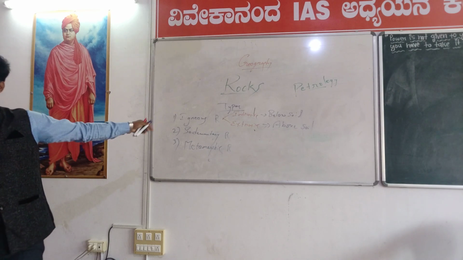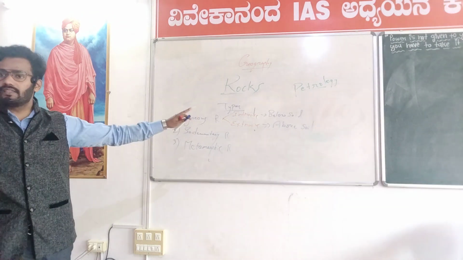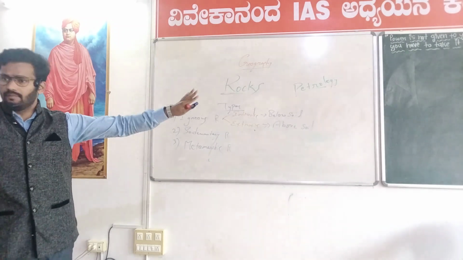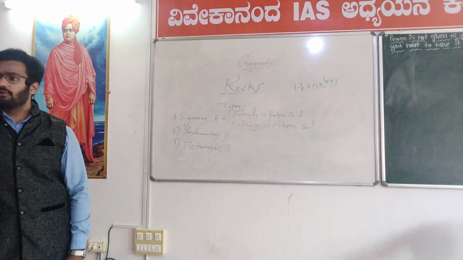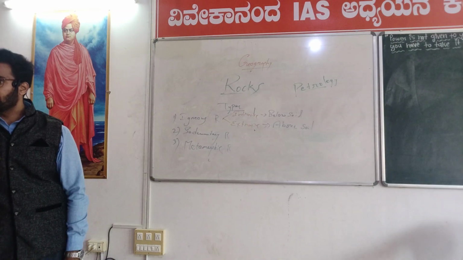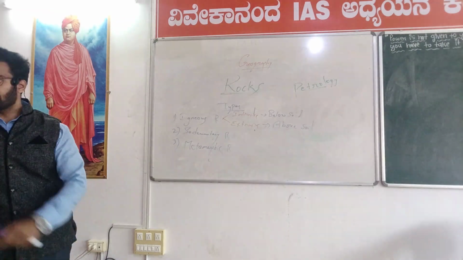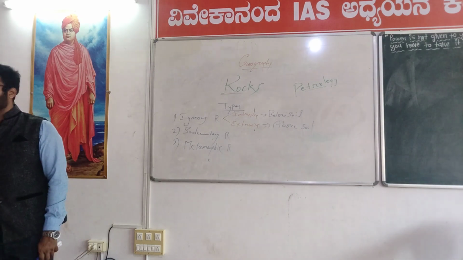Sill and dike are the shapes. The exact rock names of the intrusive rocks: do you know granite? Granite is an intrusive rock. Take granite as an example.